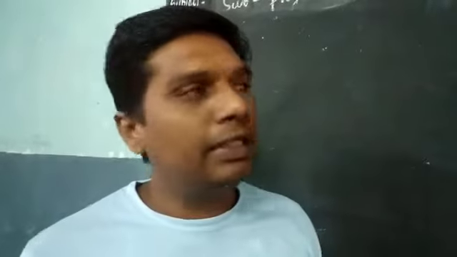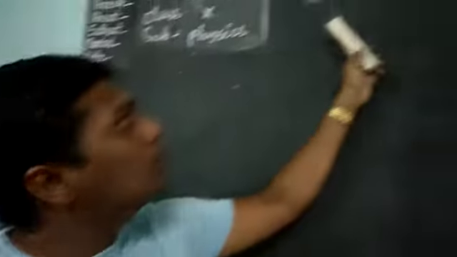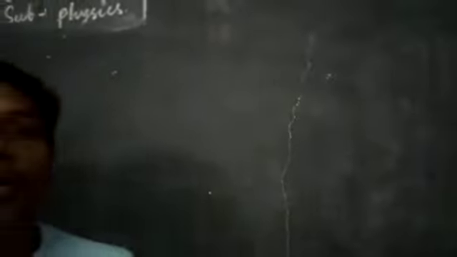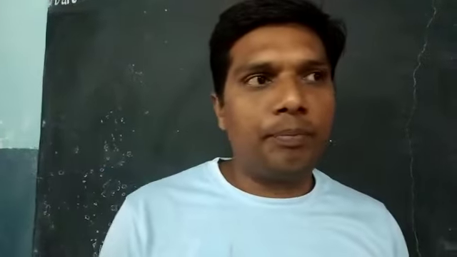Today we are going to discuss 10th class physics, that is, rules for obtaining an image from a spherical mirror. So why are we reading this? Because we want to know the nature and position of the image.